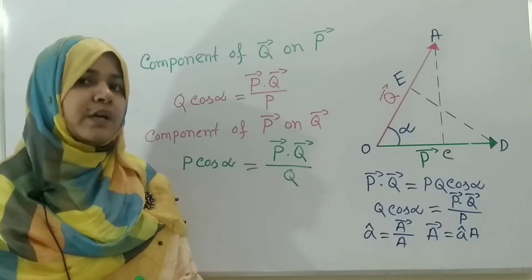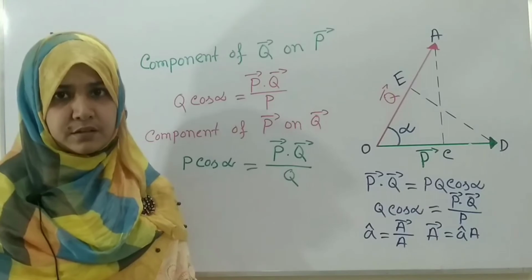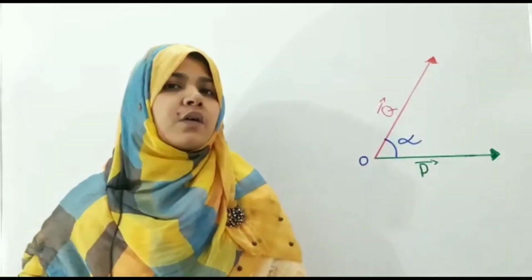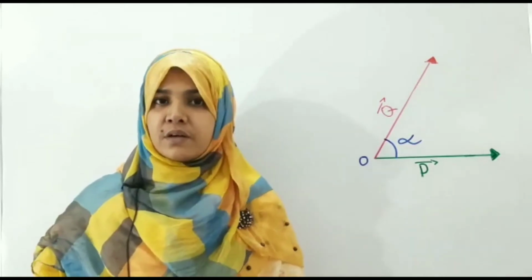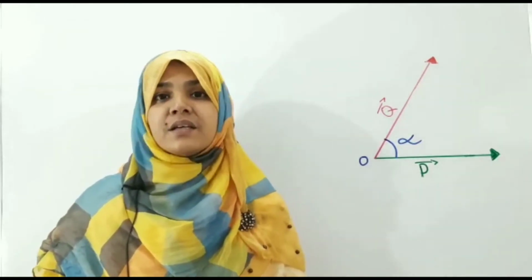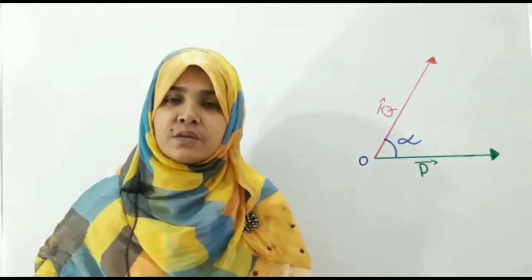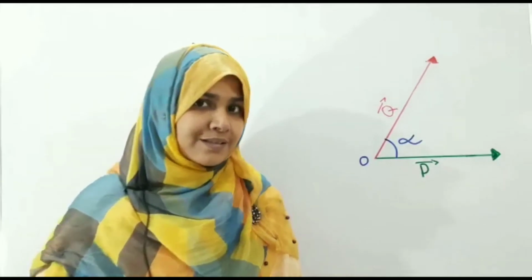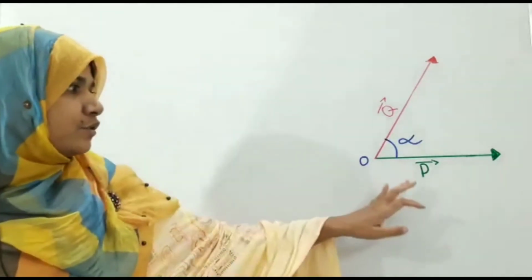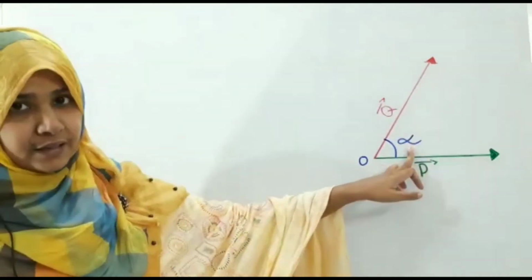Now we are going to discuss the cross or vector product. If by multiplying two vector quantities we get another new vector quantity, then that type of multiplication is known as the vector or cross product. Here you can see that these two vectors are inclined with each other at angle alpha.